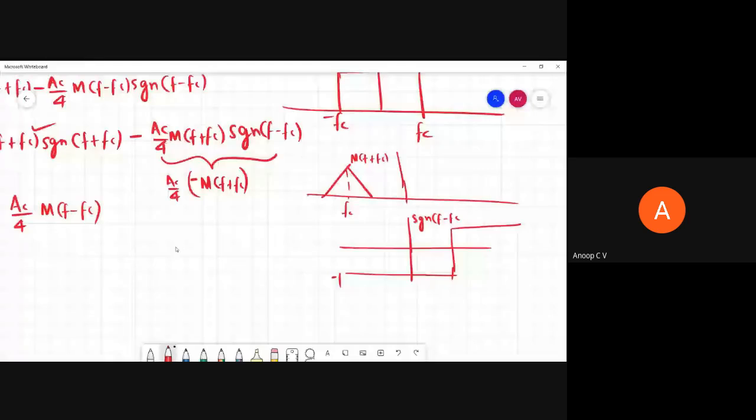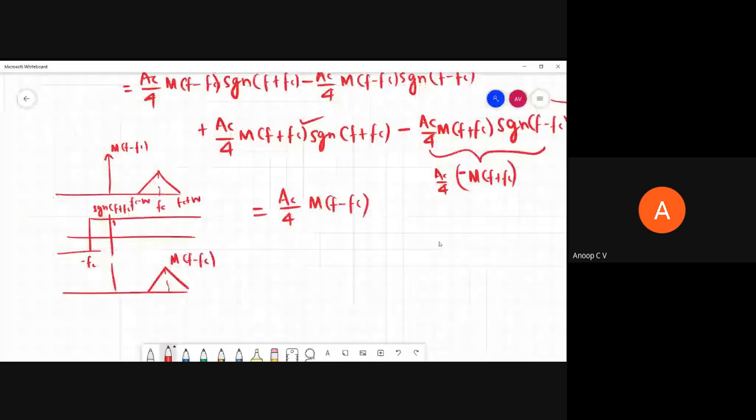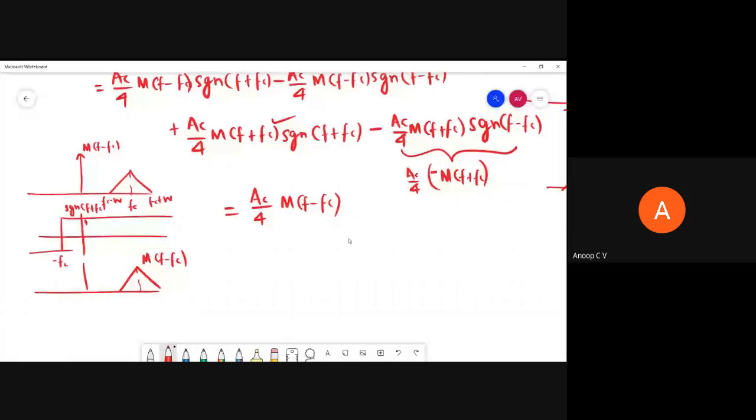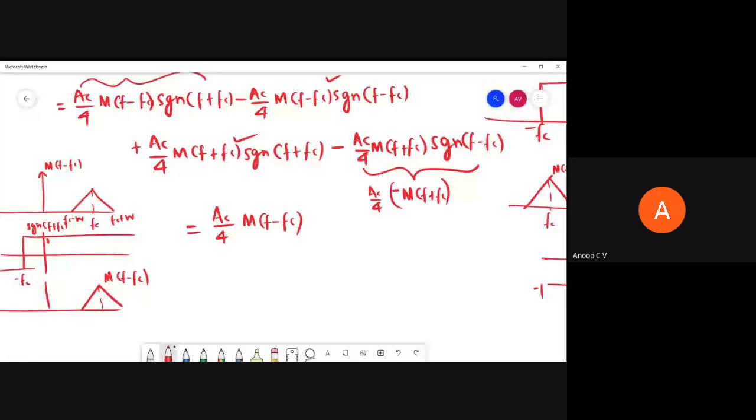So now, AC by 4 m of f, I'll write that term. The last term I am writing as second. So plus AC by 4 into minus, actually it will become minus, so instead of writing plus into minus I'll write it as minus m of f plus fc.